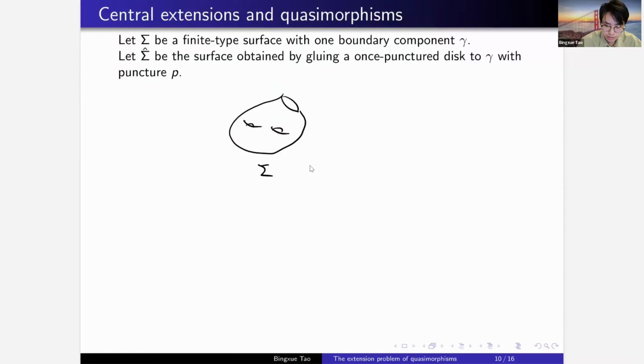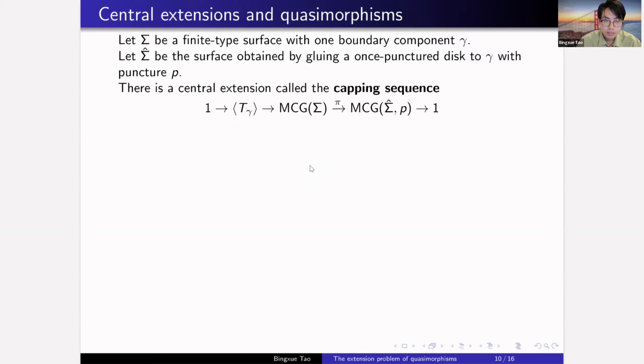And let hat sigma be the surface obtained by capping this boundary into a puncture. And then there is a central extension for the capping sequence.